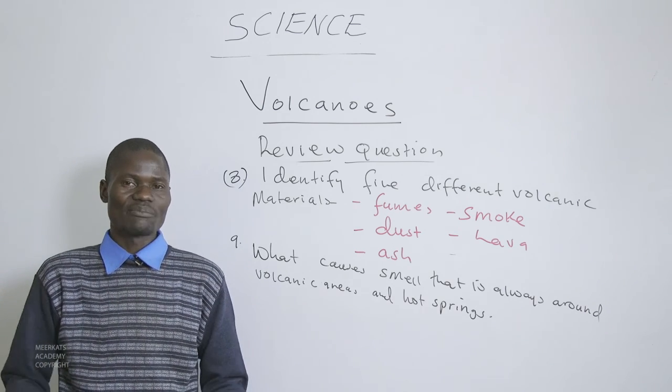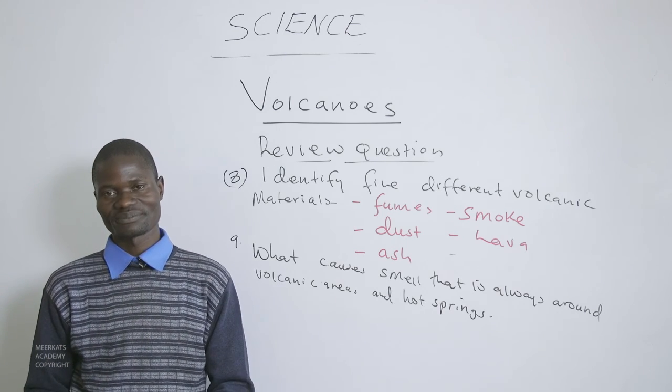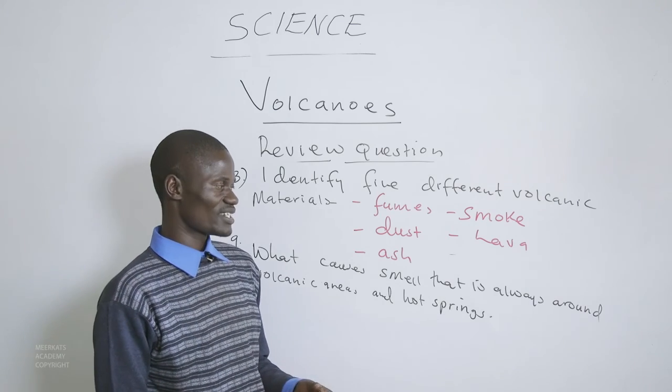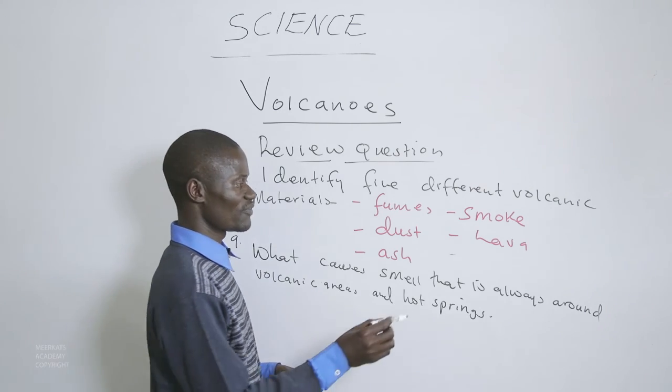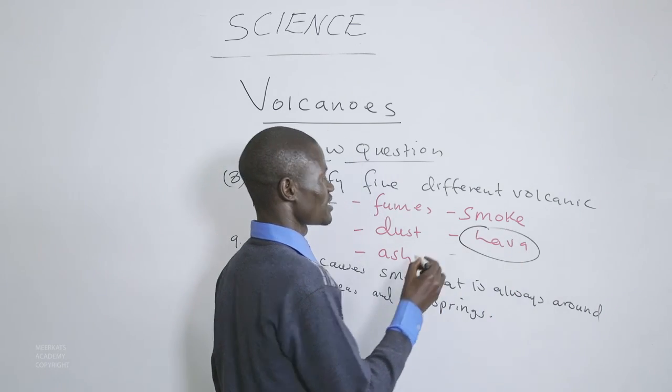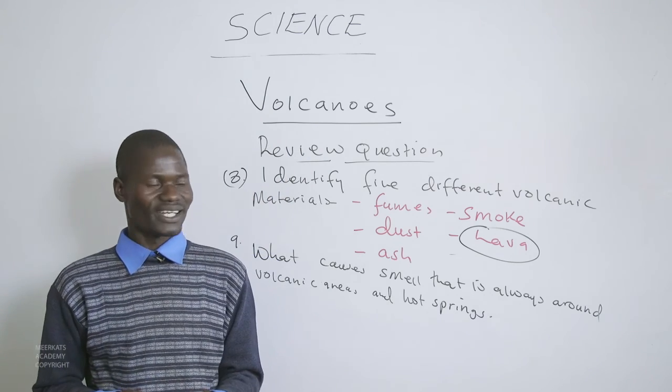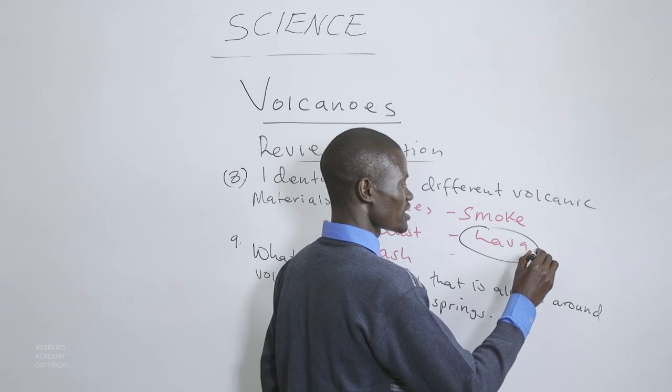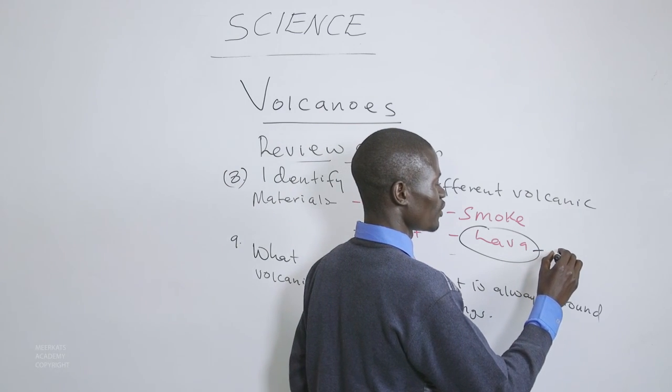Although there are some benefits of these volcanoes. What do you think the benefit is? One of the positive benefits of volcanoes is based on lava. This lava goes on to form what we call volcanic soil.